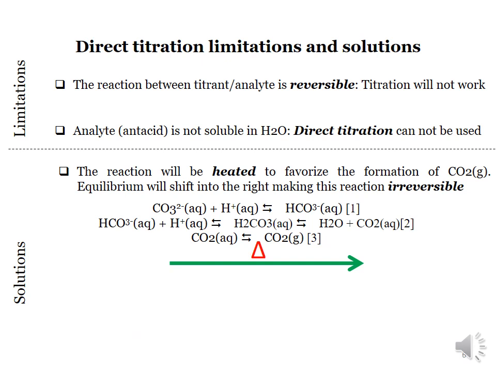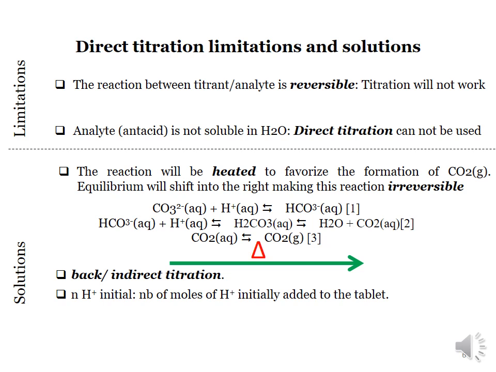This slide is made to convince the people who didn't fully get the idea of back titration. So always when we speak about titration, we speak about number of moles. Yes, I already mentioned that during one of my lectures.